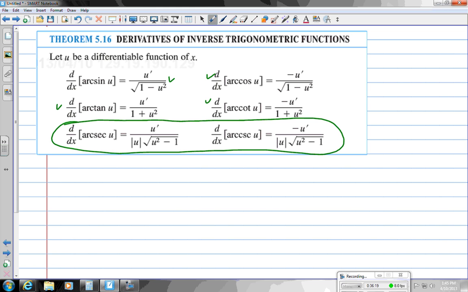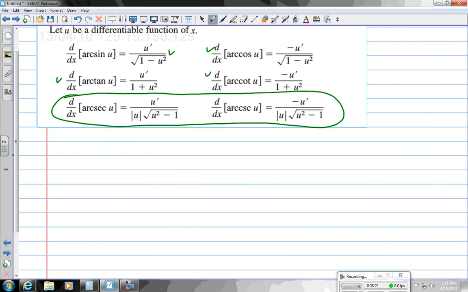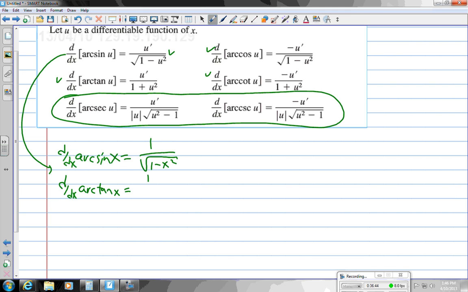Because we also agreed that, in general, the derivative of arc sine of x is 1 over the square root of 1 minus x squared. So if your u is x, that's what you get. So this is the simple form. The derivative of arc tangent is 1 over 1 plus x squared.